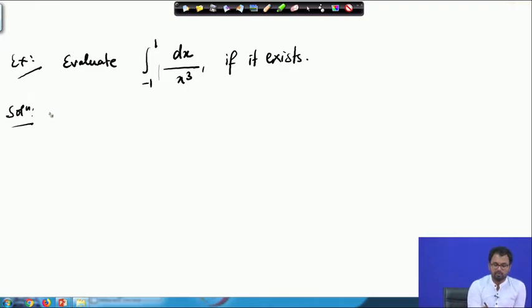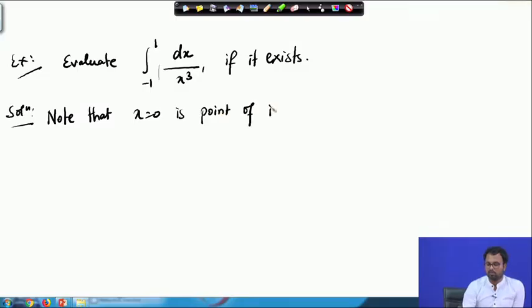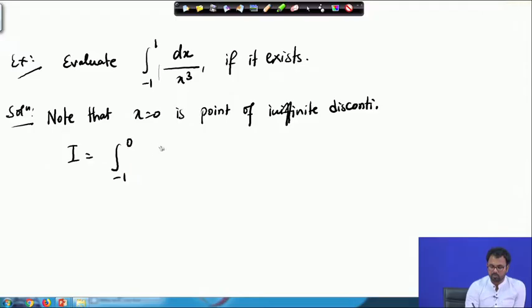So here we can write, note that x equals 0 is the point of infinite discontinuity.